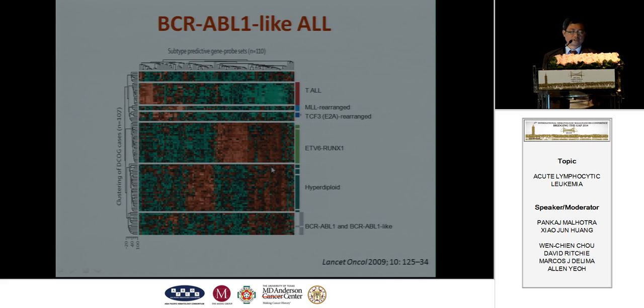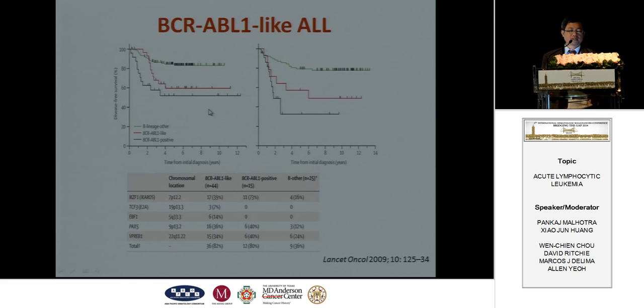Recently, by gene expression analysis, scientists have found a group of patients with a very similar global expression to BCR-ABL1. However, their cells did not harbor the BCR-ABL1 Philadelphia chromosome, and they call this group BCR-ABL1-like ALL. Subsequent study has proved that both BCR-ABL1 and BCR-ABL1-like ALL had very poor prognosis compared with other ALL.